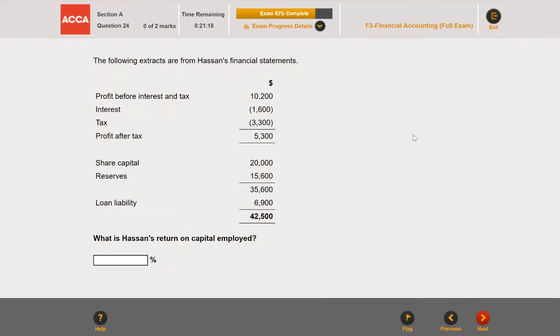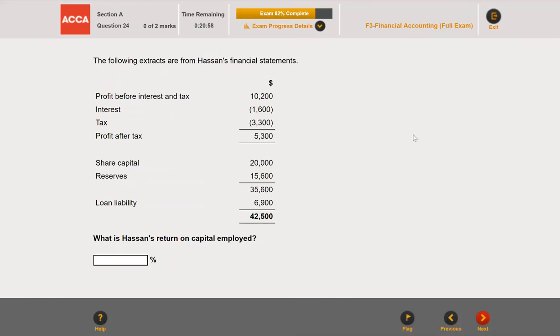Okay, so what is Hasan's return on capital employed? The following are extracted from Hasan's financial statements. Remember, return on capital employed is profit before interest and tax divided by capital employed, and capital employed is equity plus non-current liabilities.